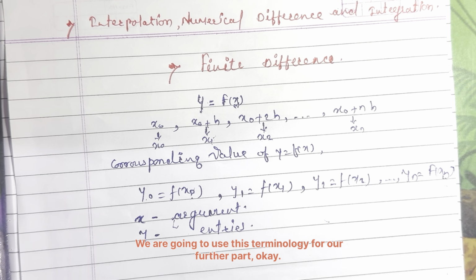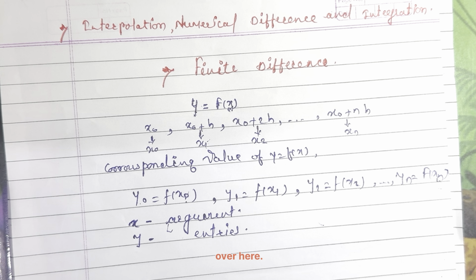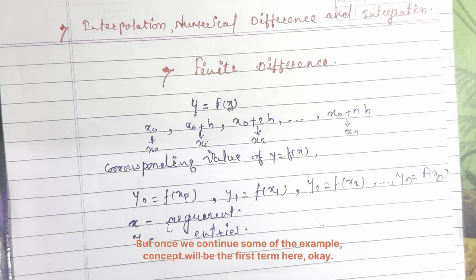We are going to use this terminology for our further part. Now, guys, the first time it might be quite confusing or difficult to understand, but once we continue with some examples, the concept will be crystal clear.